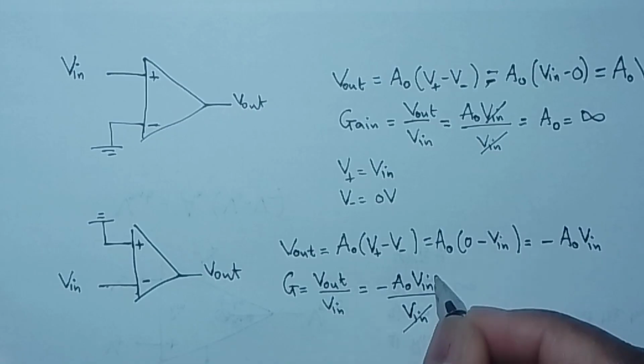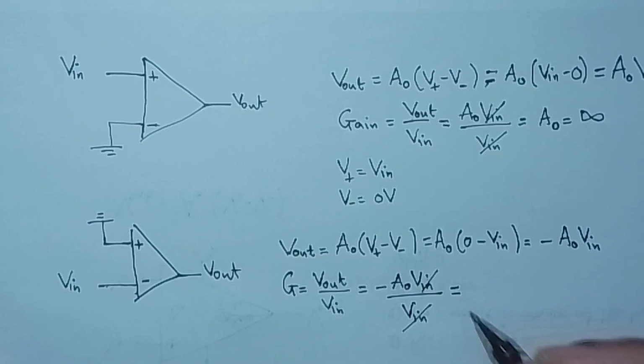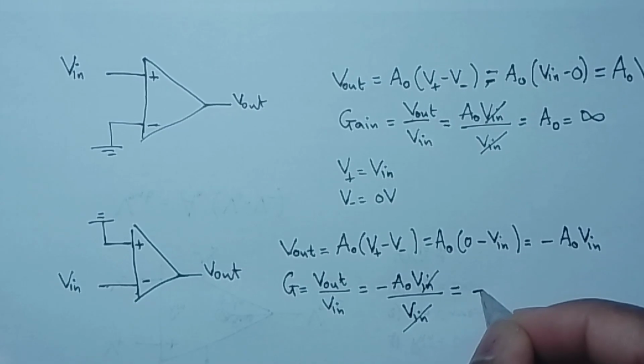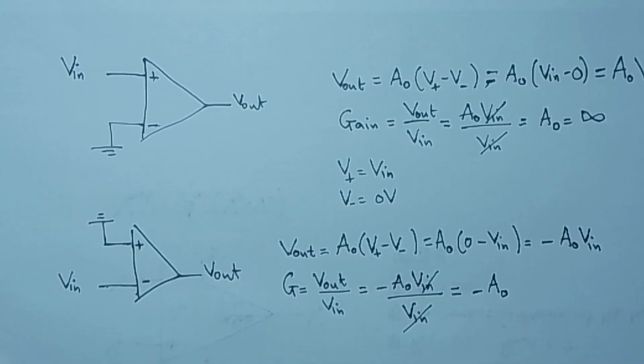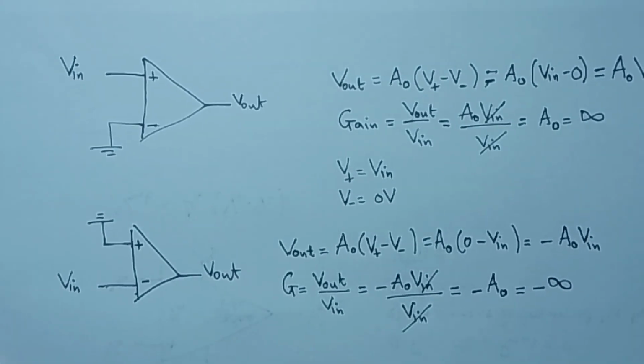So V in cancels out and we get the gain to be minus the open loop gain. So by definition of an ideal op amp, the open loop gain is infinite, so we have minus infinite.